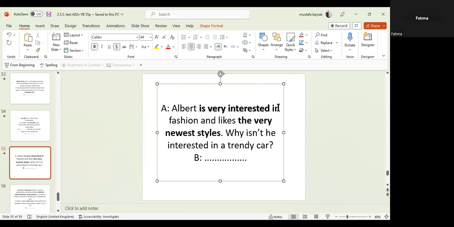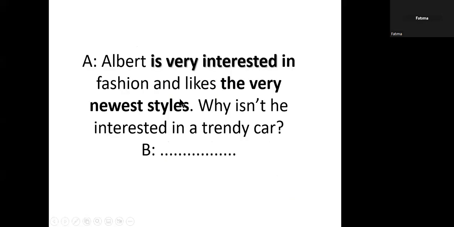Very interested in. Albert is very interested in fashion. For example, Marco is not very interested in fashion. This is really interesting. And likes the very newest styles. Why isn't he interested in a trendy car?